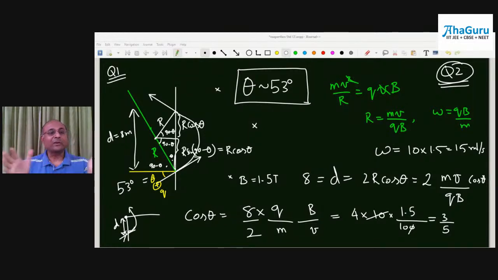So anyway, that is not going to contribute to any amount of work. So always the velocity, the overall velocity is perpendicular to the force because it's V cross B. Therefore, you will not have work done by magnetic field at all, ever.